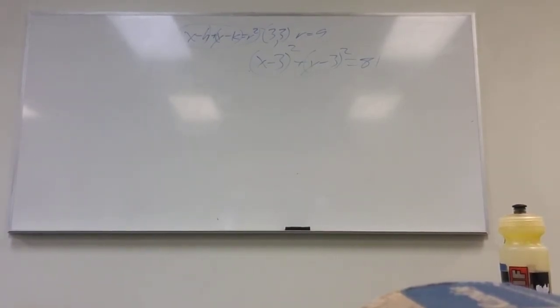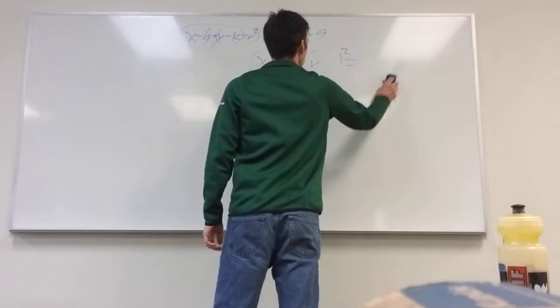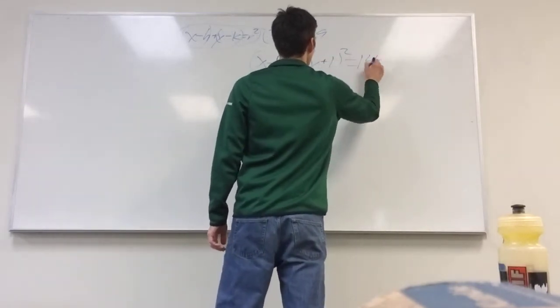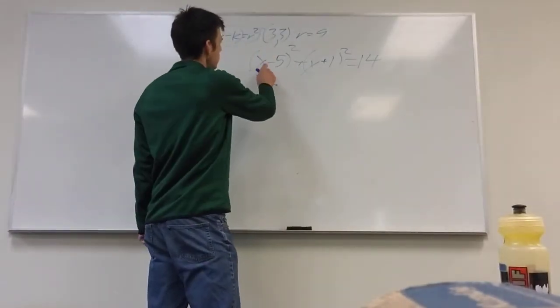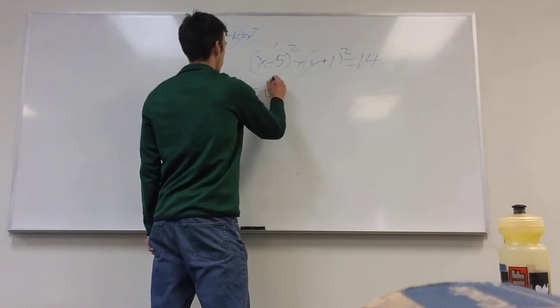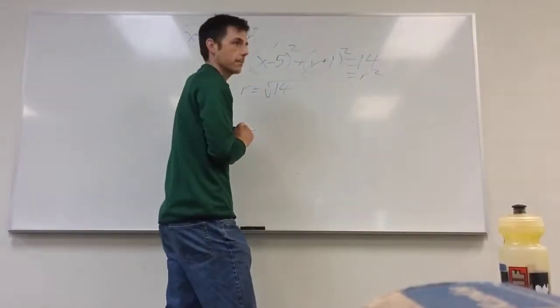Okay, given the equation of the following circle, find the center and radius. So x minus 5 squared plus y plus 1 squared equals 14. Okay, so the next one. Okay, so this is the next problem. Now I have to find the radius. So the r is the square root of 14, right? Remember, this is r squared, okay?